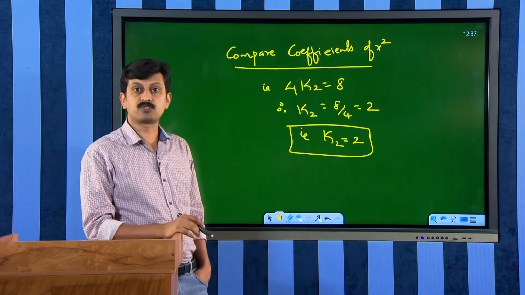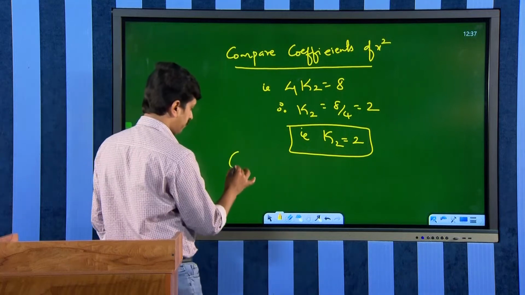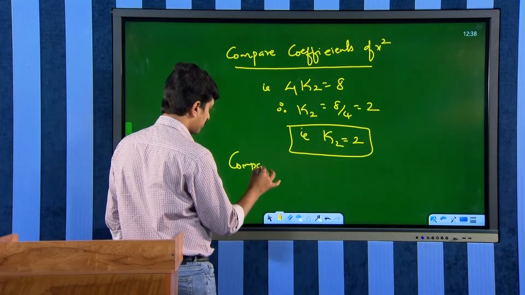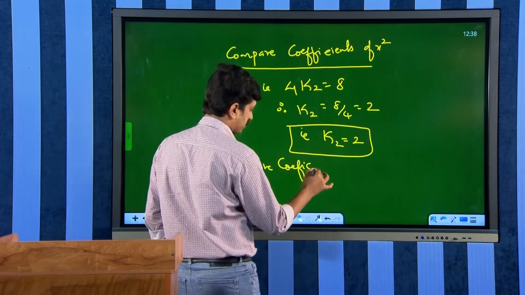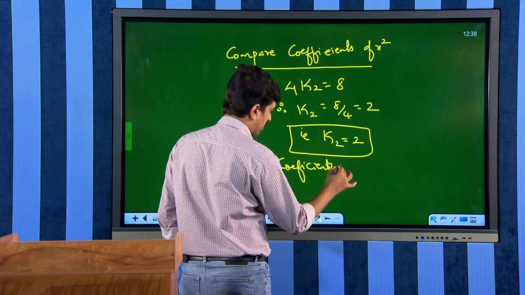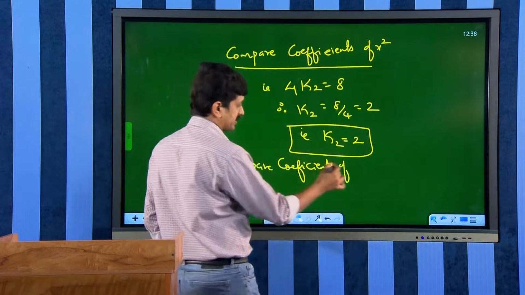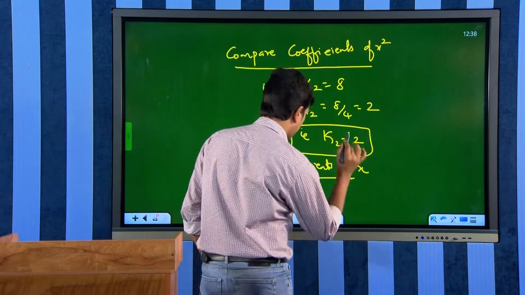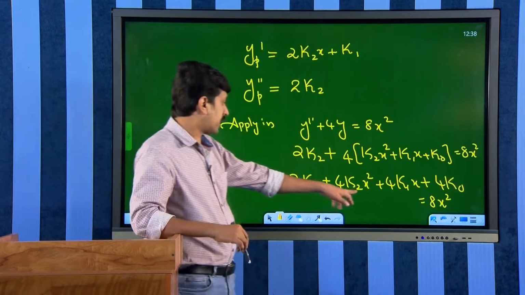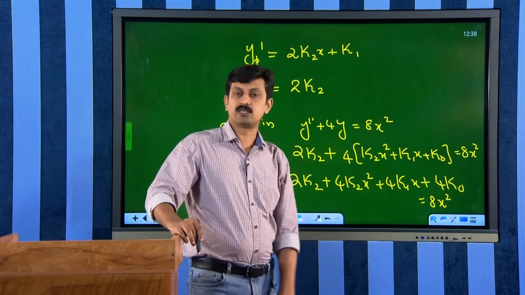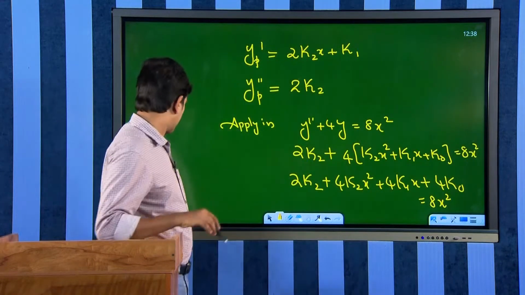Now the next step is to compare the coefficients of x. While comparing the coefficients of x, we have k1 on the left, and on the right-hand side there is no term in x.